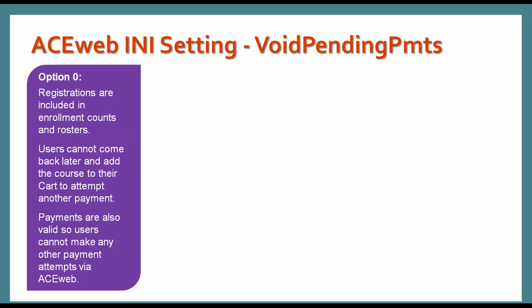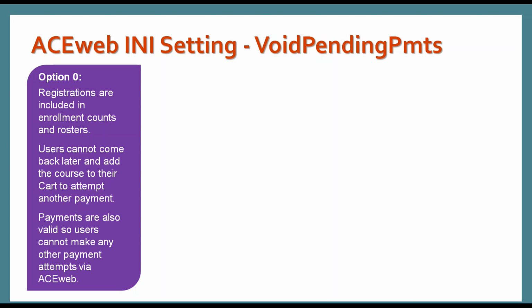The user usually is going to know if something didn't happen correctly and they didn't actually make the payment. If they even go back and try to make that payment, they can't add that course to their cart because ACEweb's going to say you're already in that class, which also means that their payment is a valid payment. It's not deleted and it's not voided.